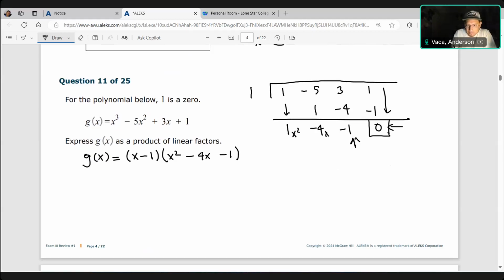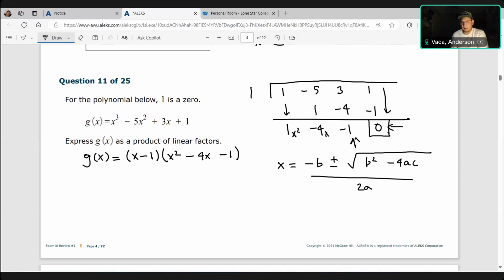And that's going to take the quadratic formula because I cannot easily factor this. So let's see. If we use the quadratic formula, and I'm just writing it down so that you have it. Using the quadratic formula, then we will be able to say what those other zeros will be.